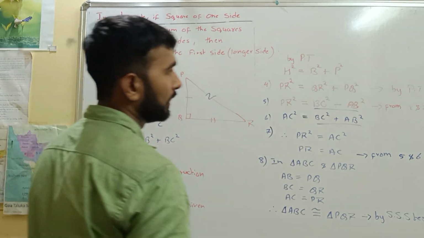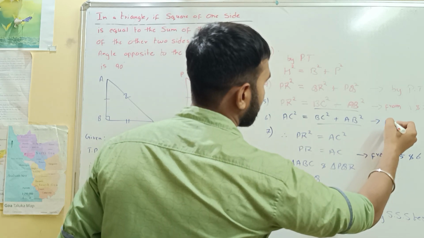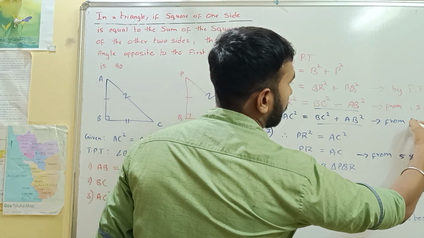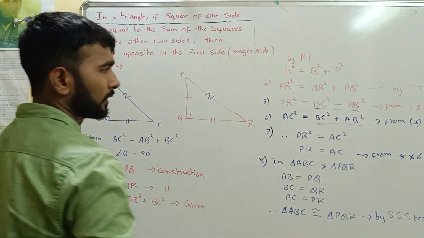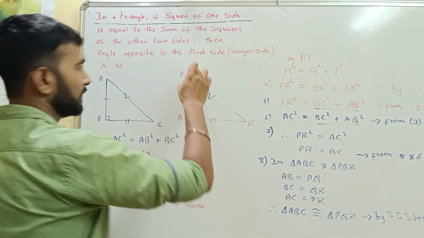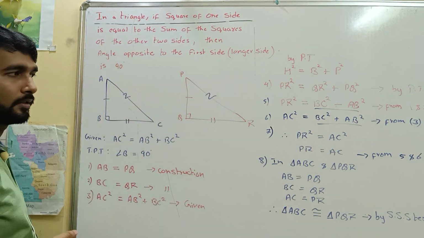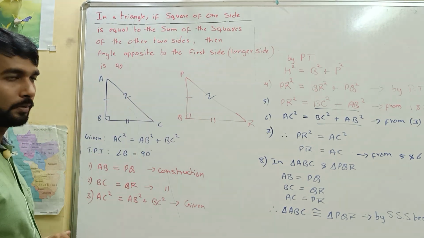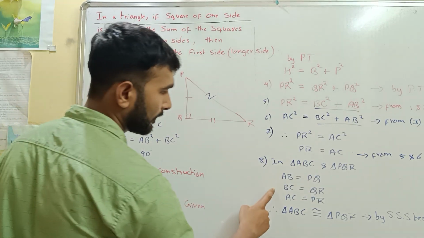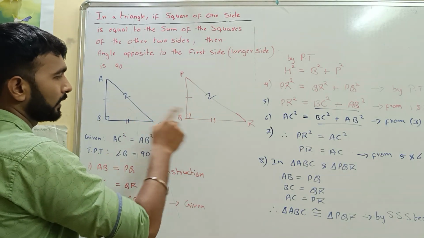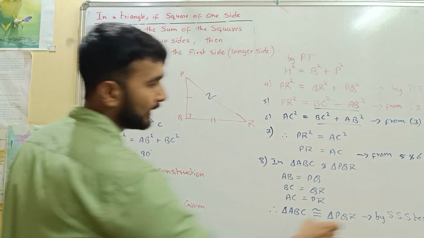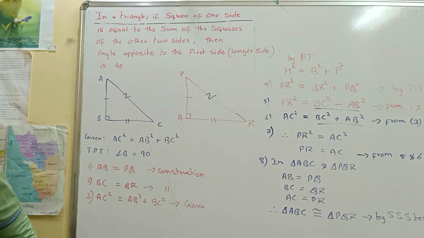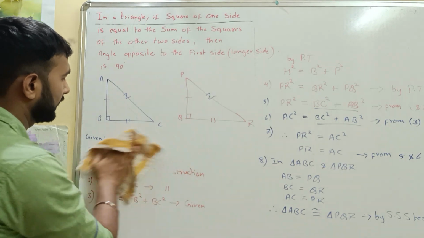Here you can say step number 3, sorry. Now here I proved that PR is equal to AC, that is this side is equal to this side. So now all three sides of this triangle are equal to each other, right? I wrote this here, and then I proved that these two triangles are congruent to each other by SSS test. Okay.